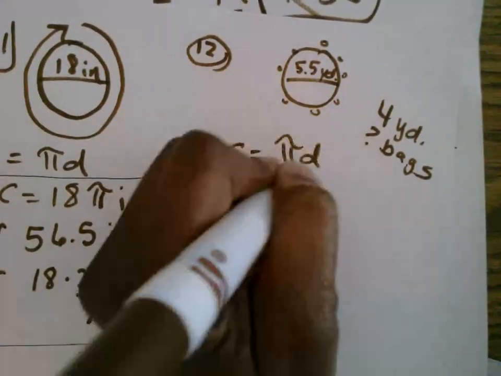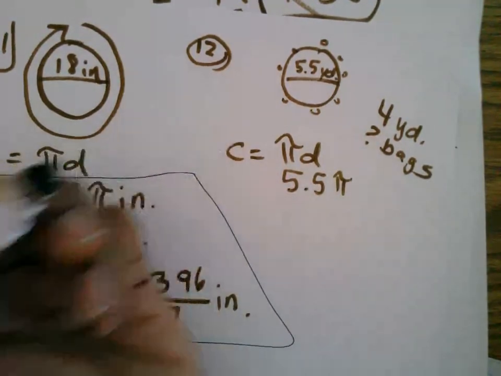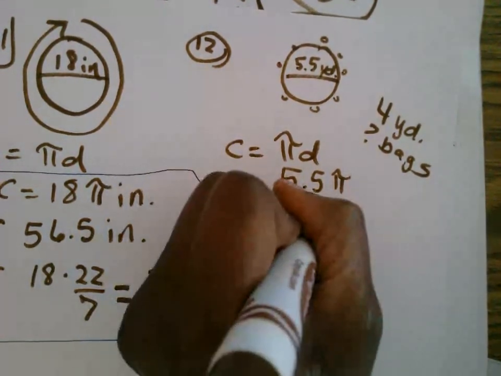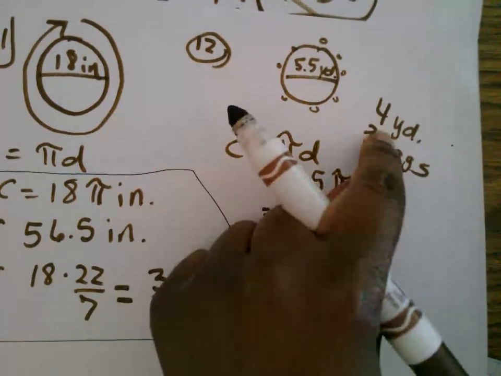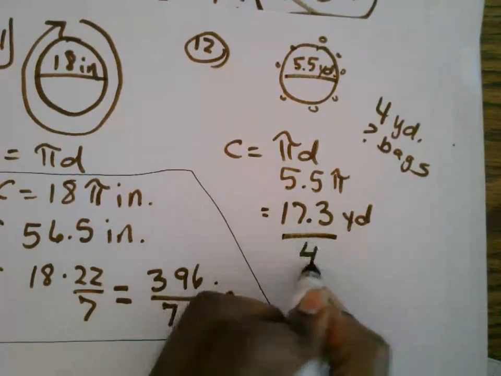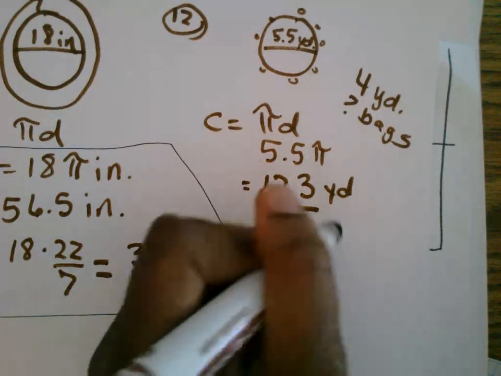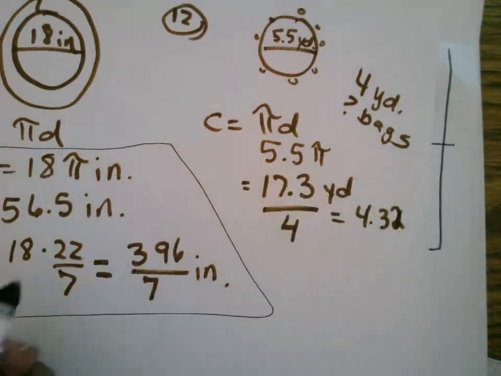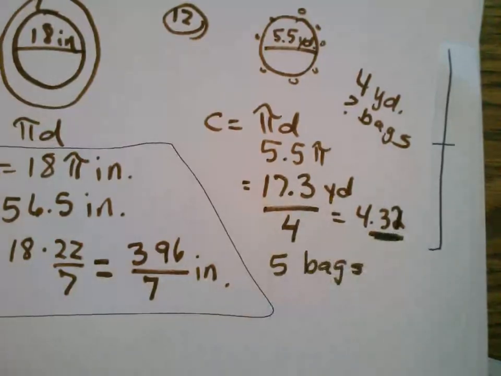Pi times the diameter. 5.5 times pi. That's right so far, right? Yeah. All right, so 5.5 pi is equal to 17.3 yards. And if they're putting them every 4, we need to divide this by 4. And when you take 17.3 and divide it by 4, you get 4.31. Well, technically 3.2. So you really need 5 bags to take care of that extra that you have left over.